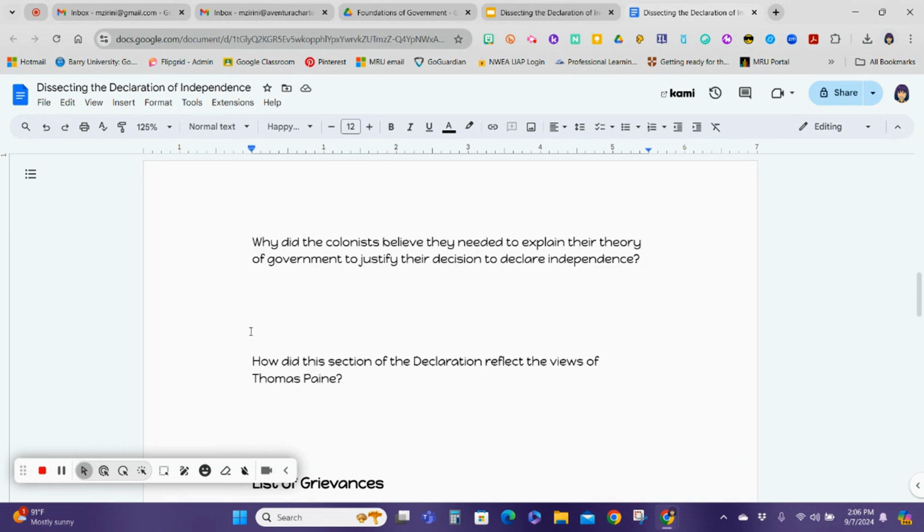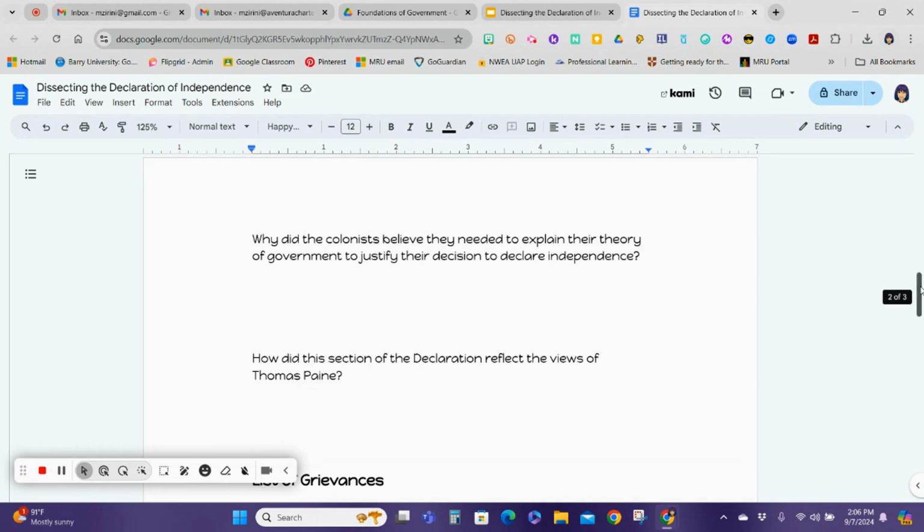So his views are reflective in this whole entire section of the Declaration by saying that all of the different things that Great Britain has done to us, all of these injuries that have been done to us through the taxes and through the acts that they have passed, are not protecting our rights. Great Britain has broken its social contract, and we should separate and declare our independence and establish a new government.